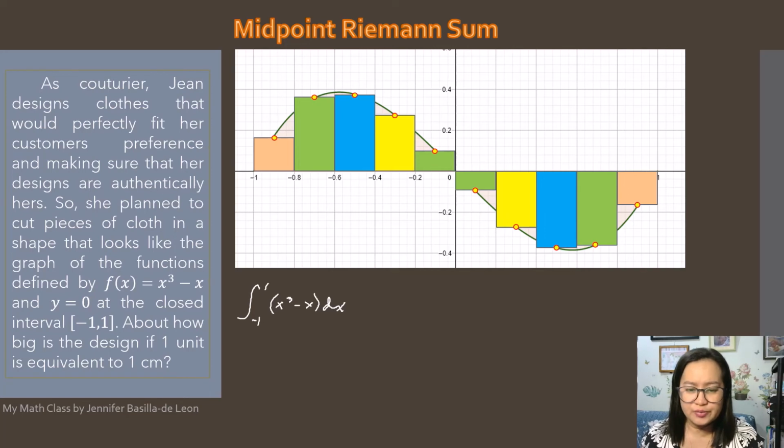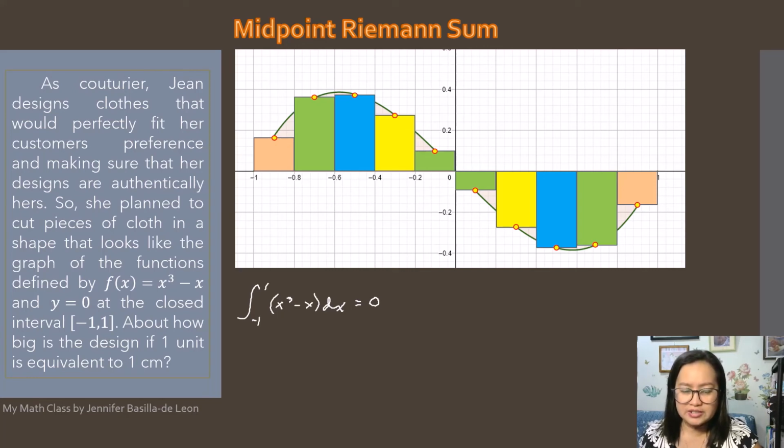Now, if you can still recall in the set of rules that I presented a while ago, if the function is odd and the lower and upper limits are additive inverses, then the definite integral is equal to 0. So let's see if this is really equal to 0.